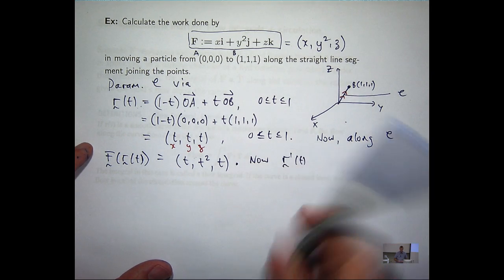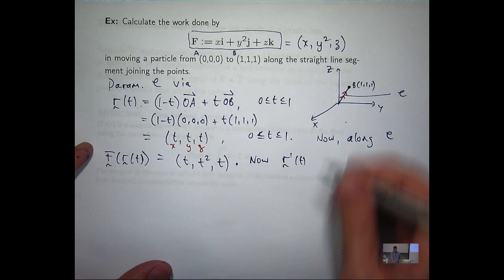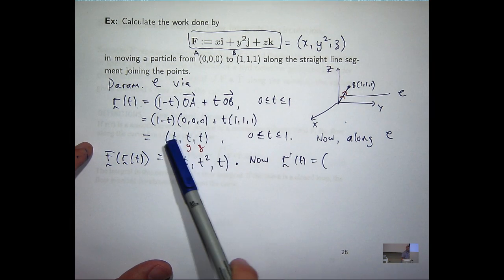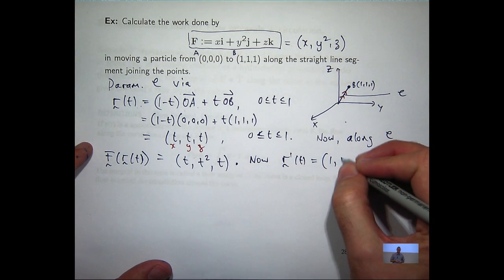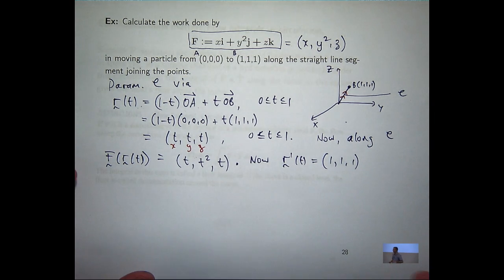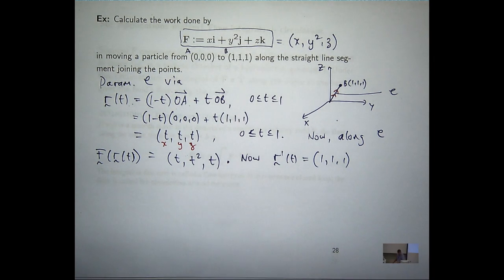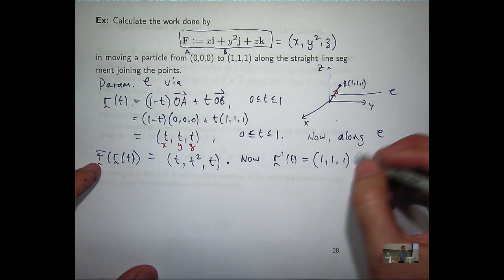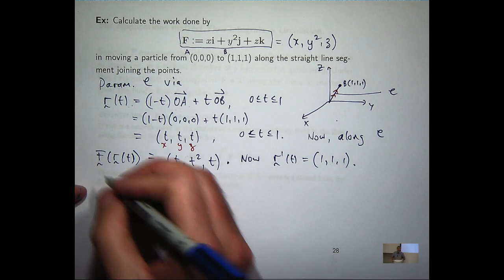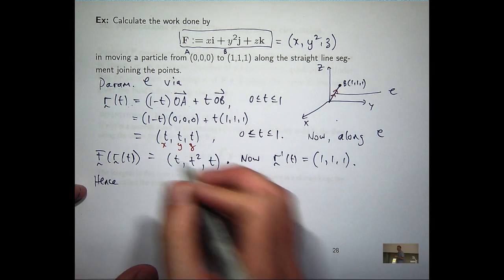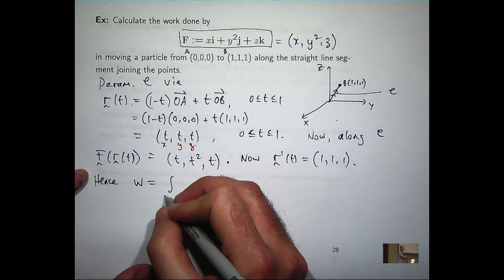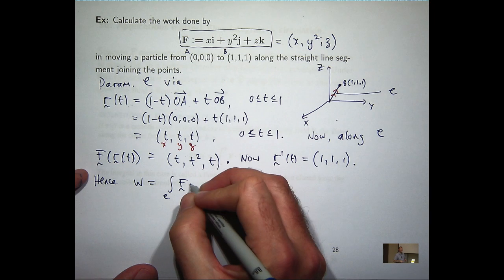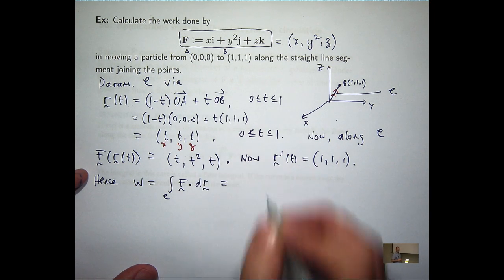So to compute this derivative, I just differentiate the components individually. So it's going to give me 1, 1, and 1 when I differentiate with respect to t. Okay? So, the work done is just the following line integral.